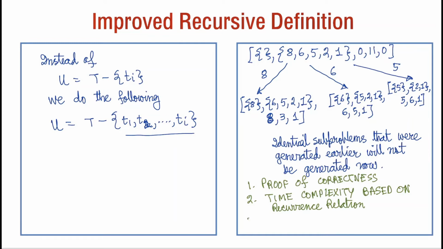The third is analysis of recursion structure. Does this recursion structure still yield any other possible identical subproblems?